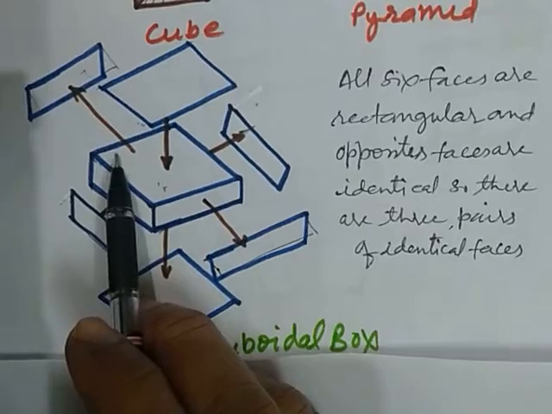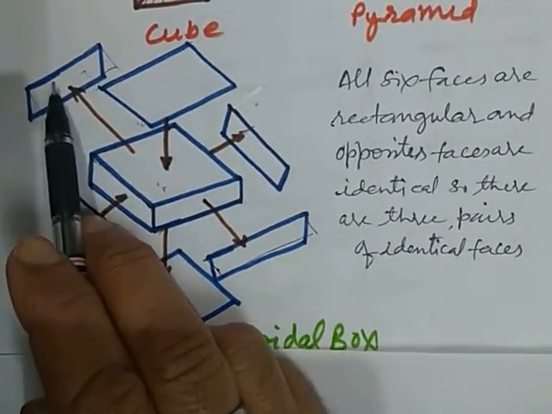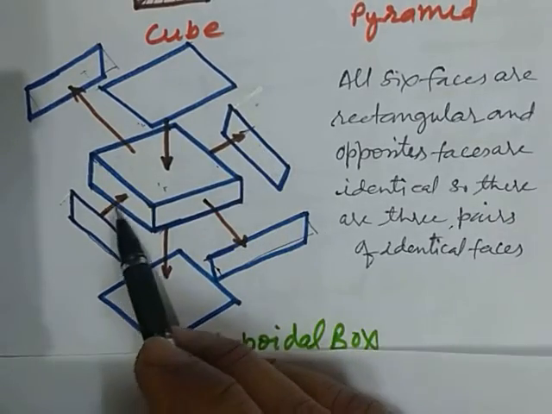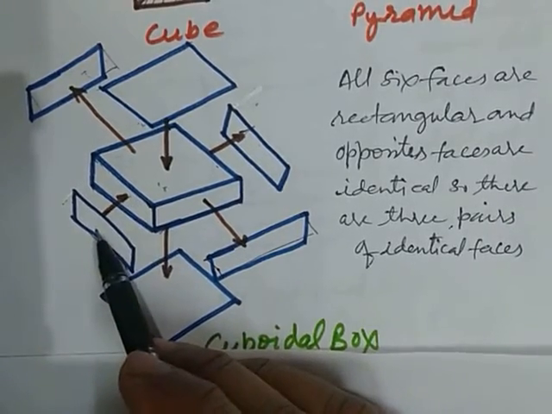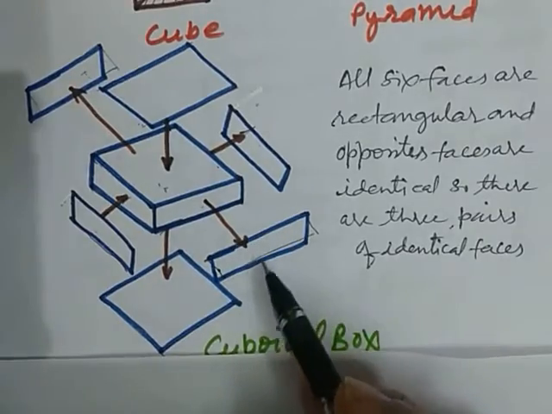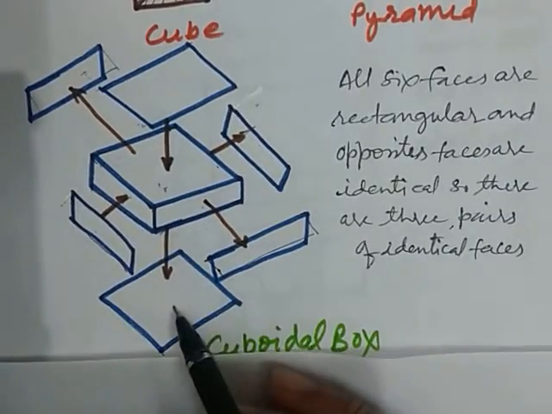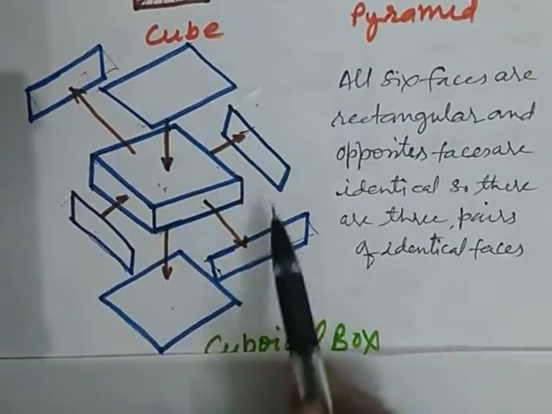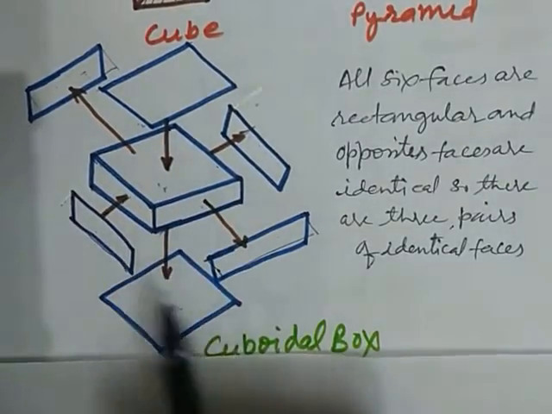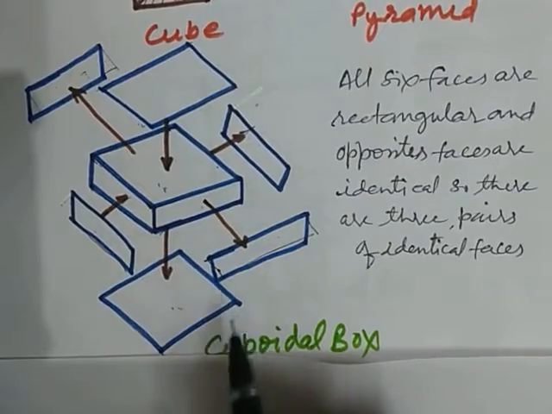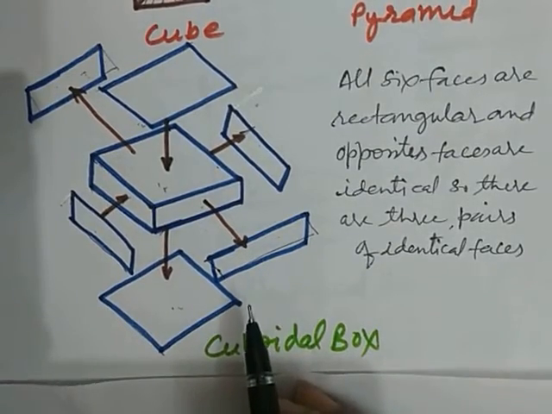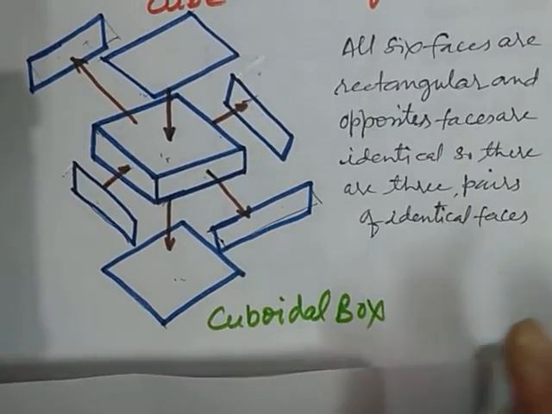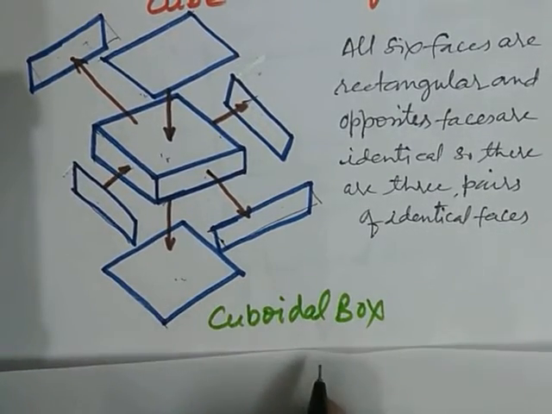And the side face looking like this, and this side face looking like this, and this side face, and this side face looking like this. And the bottom face looking like this. So here we count 1, 2, 3, 4, 5, 6. There are 6 faces of this cuboidal box, which combined make a cuboid.